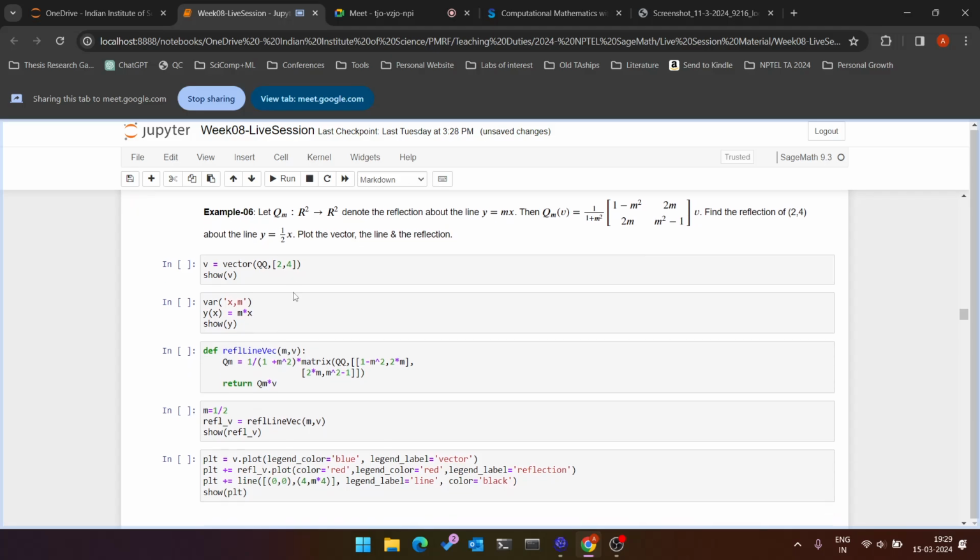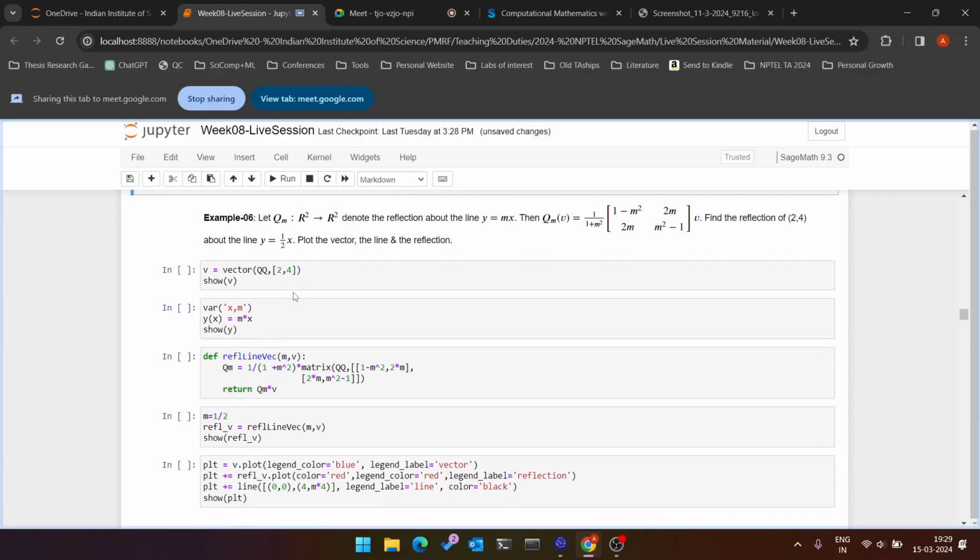So the next example, 6, we have been given: let Qm be a map going from R square to R square, denoting the reflection about the line y is equal to mx. Then we are told that Qm of some vector v can be defined as 1 over 1 plus m square, [1 minus m square, 2m; 2m, m square minus 1] into the vector v.